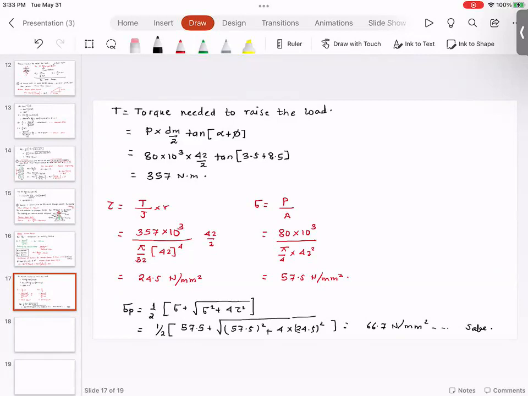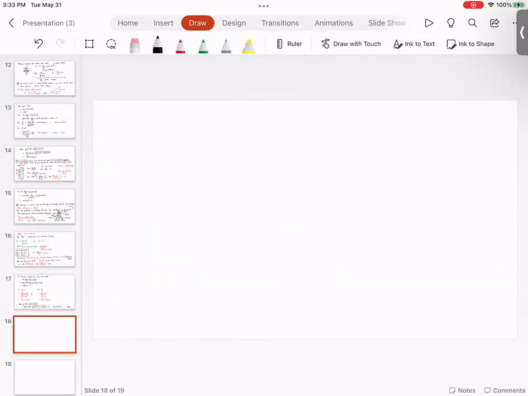Next step, step 2 is nut design. So sigma C is equal to P divided by pi by 4 times d outside square minus d inside square, multiplied by n, where that n will give you the number of threads.